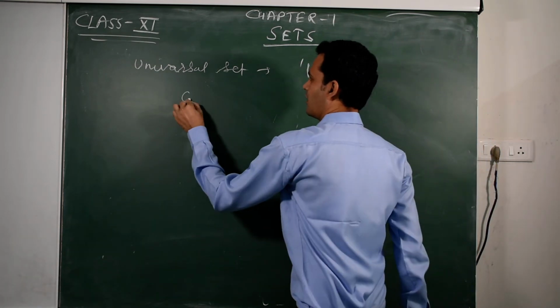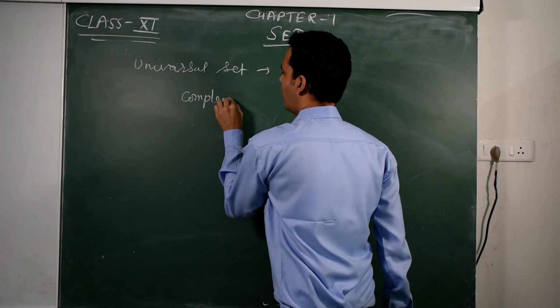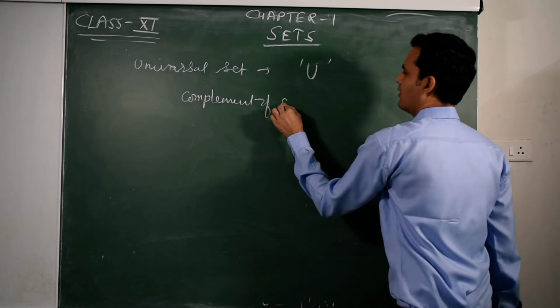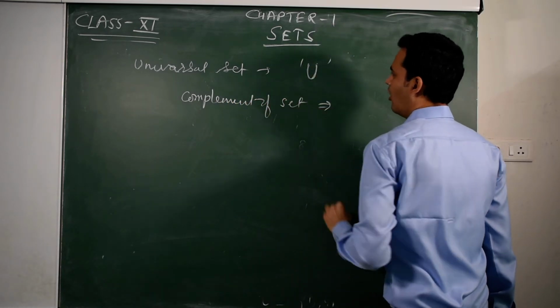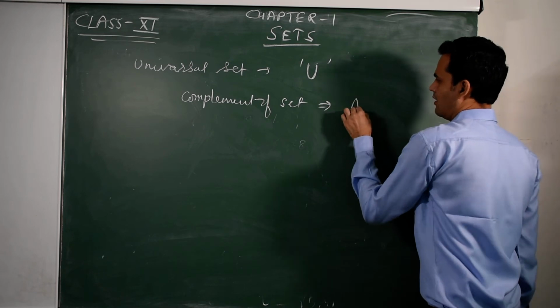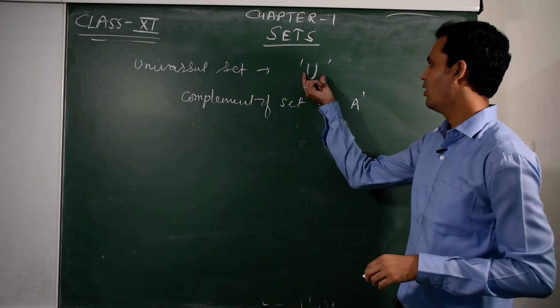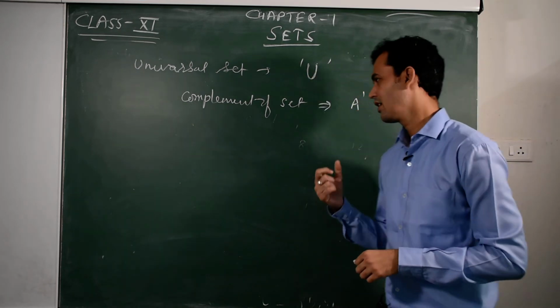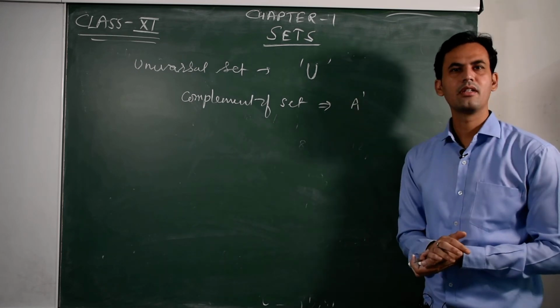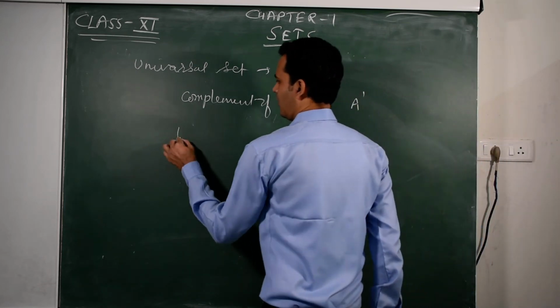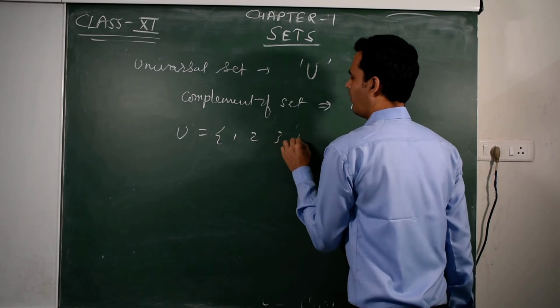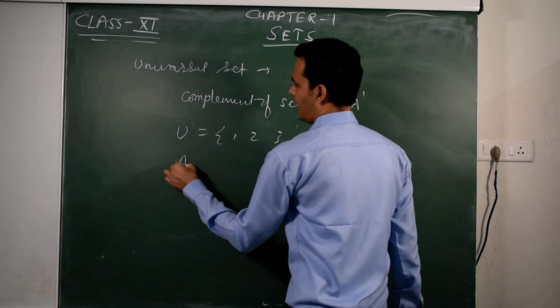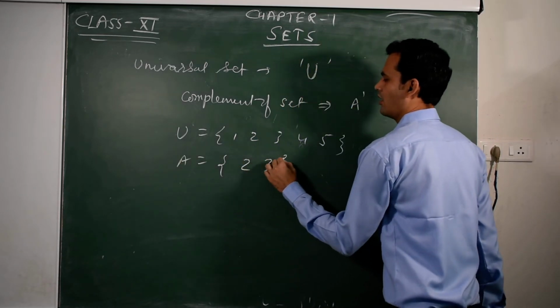And complement of a set. One more thing, complement of a set. All elements of the universal set which are not elements of the set are called its complement. Okay, just take an example: U is the set 1, 2, 3, 4, 5 and A is the set 2, 3.